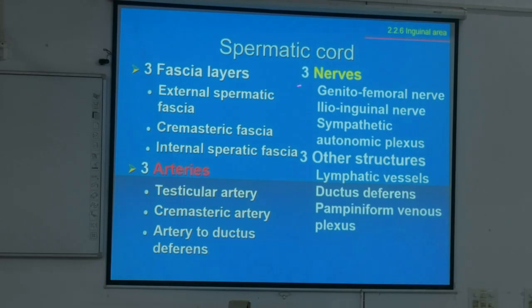Three nerves: genitofemoral nerve, ilioinguinal nerve, and sympathetic autonomic plexus. And three other structures are also present: lymphatic vessels, vas deferens or ductus deferens, and pampiniform plexus of veins. Okay. So these are the contents of the spermatic cord. Very frequently asked in viva. Okay. Next.